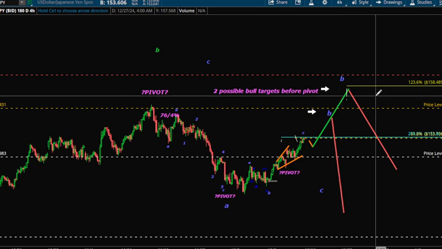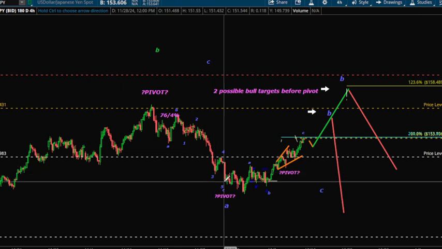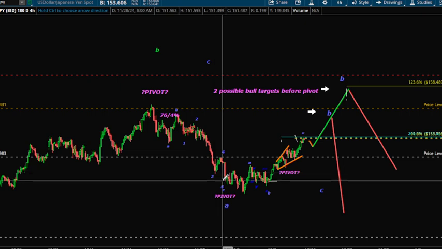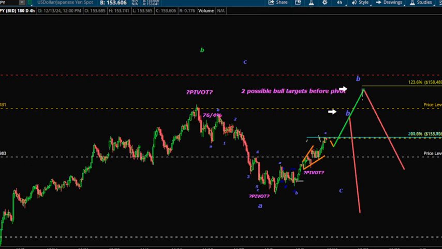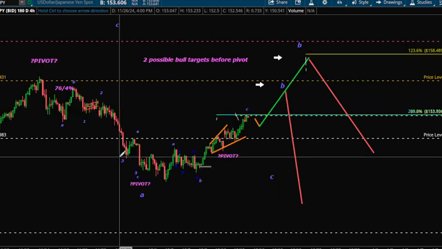So we have 1, 2, 3, 4, 5 for the first move down, which, let me back out real quick. Yeah, so if that's 5 moves in the first leg, I don't think we could have, wait a second.